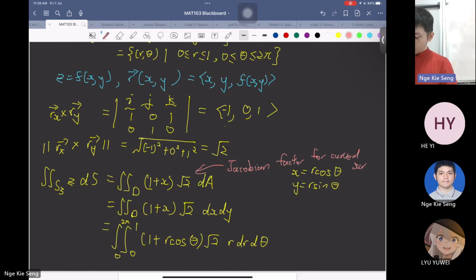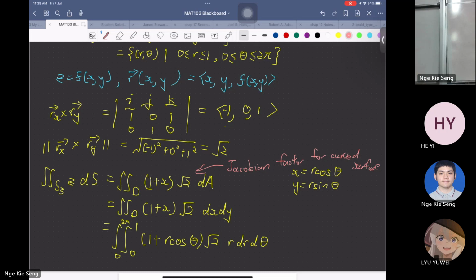Remember, what's the purpose of a surface integral? We are no longer integrating on the plane. We are integrating over any curved surface. Since this surface is curved, we need to flatten it first. Once you flatten it, you will introduce a Jacobian factor.